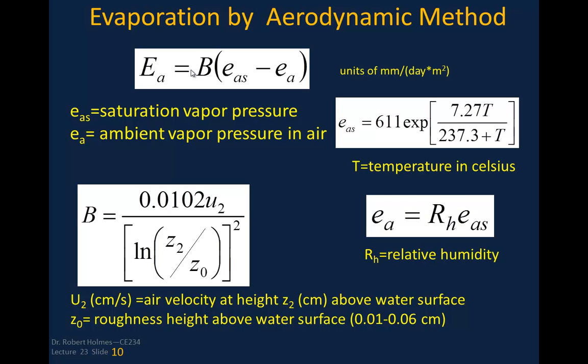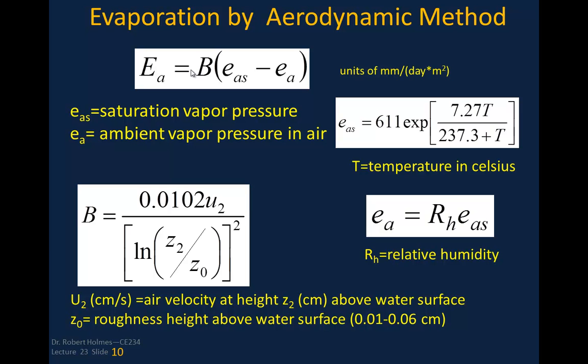So if you have a lot of heat and you are able to vaporize the moisture off of, let's say, a lake, but you couldn't move that saturated moisture away in the atmosphere, the lake would stop evaporating because basically everything above it is saturated. So the aerodynamic method looks at how the wind disperses that evaporated moisture, that moisture in vapor form.